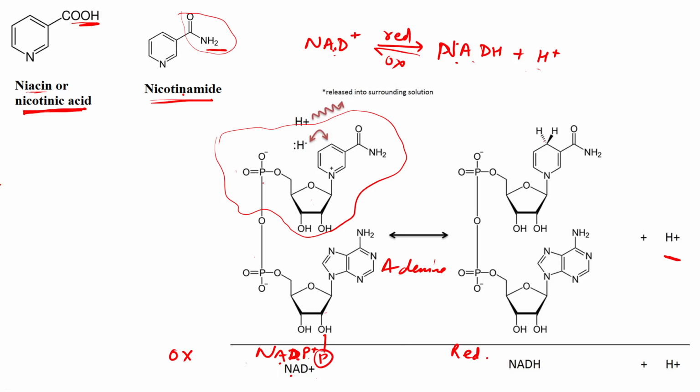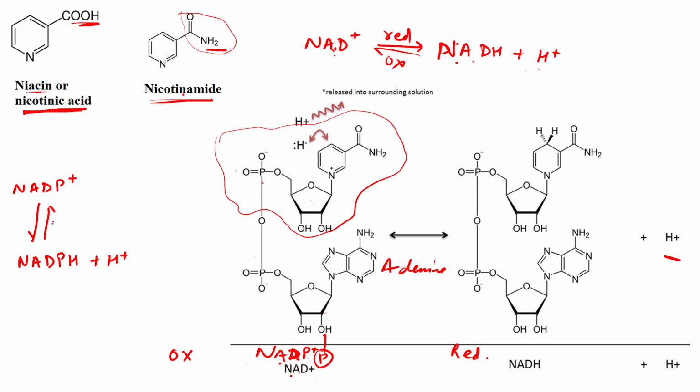So the reaction is NADP plus reduced to NADPH plus H plus. The difference between NAD and NADP is basically that one is involved in metabolism reactions where breakdown is happening, and one is involved in synthetic reactions where formation is happening.